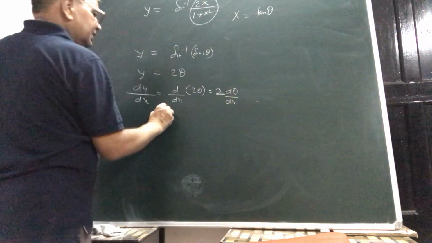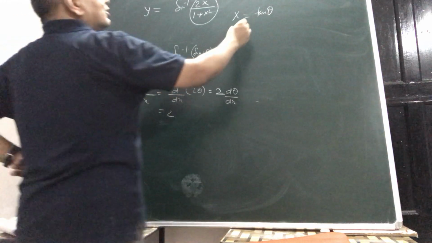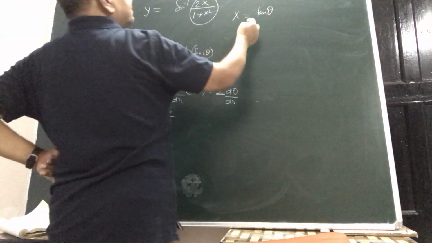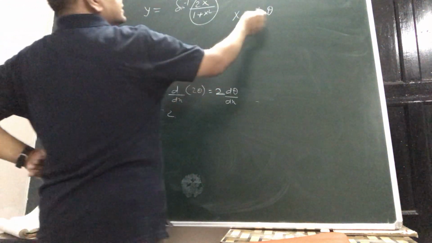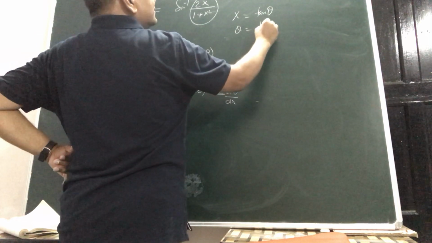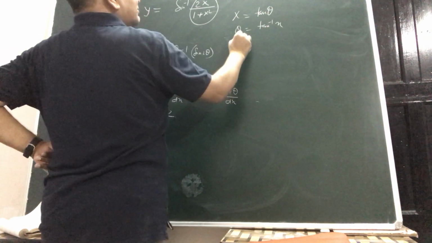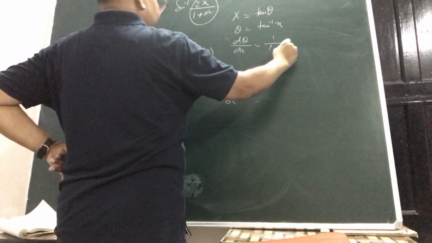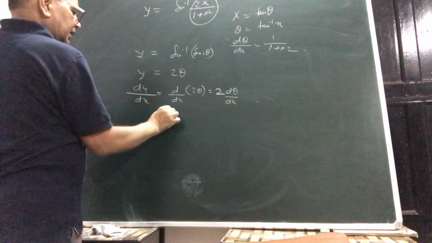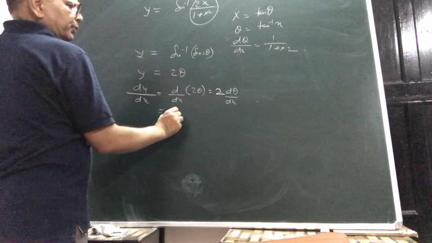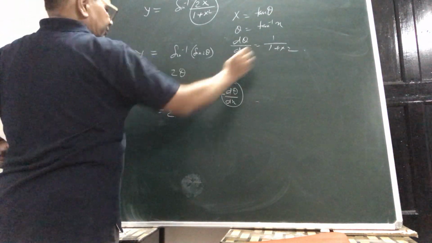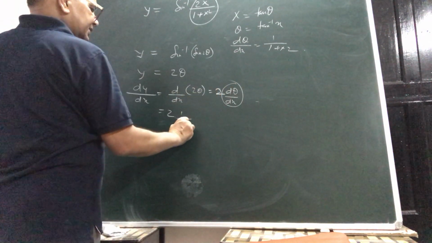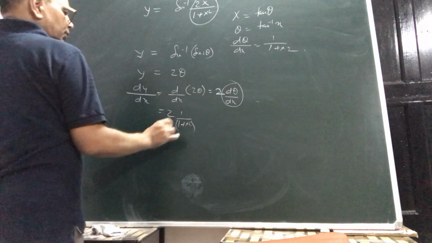For calculating d theta by dx, you come here: theta is tan inverse x, so d theta by dx is, as you have just seen, 1 upon 1 plus x square. So dy by dx is equal to 2 times 1 upon 1 plus x square. Please see, this is the answer.